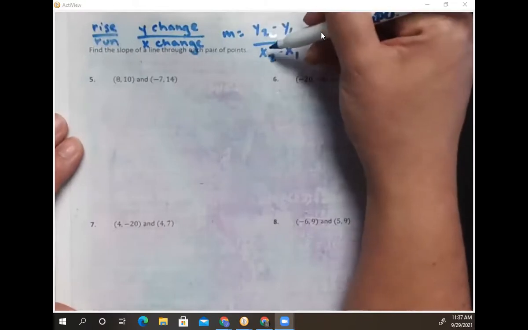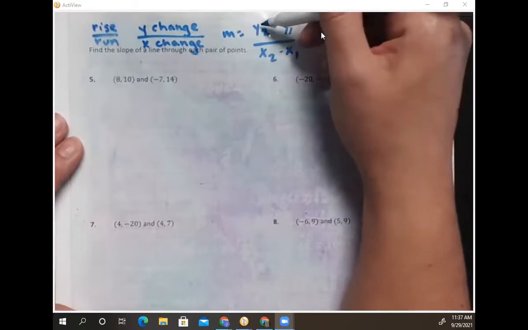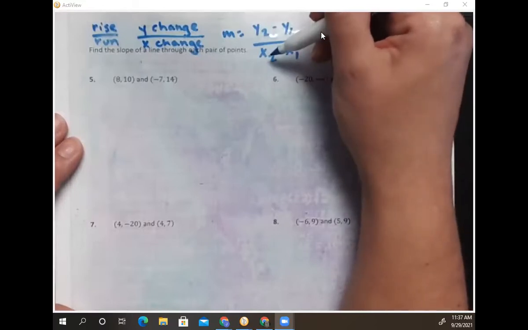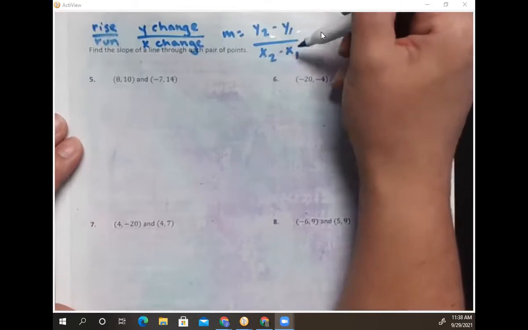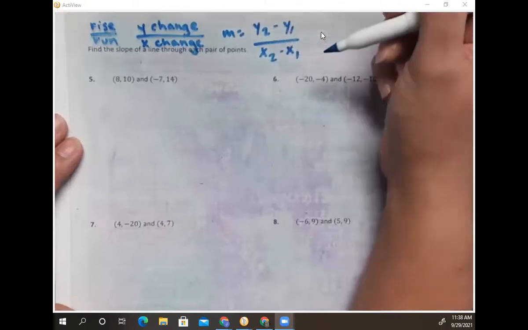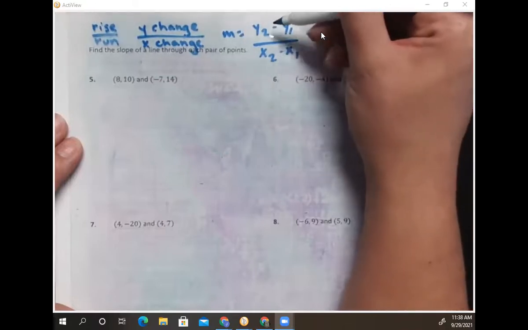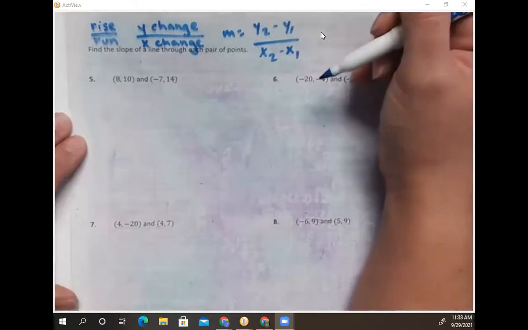What this is telling me is that the important thing for slope formula is that y's are on top, x's are on bottom, and I've lined up the pieces that come from the same point, okay? x1 and y1 are the components of one point. x2 and y2 are the components of my other point. So I have to make sure I line up the numbers that come from the same point, y on top, x on bottom.